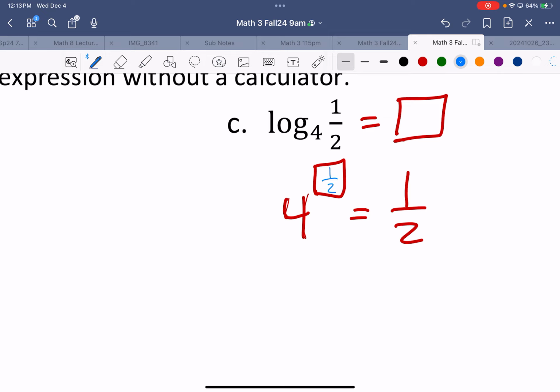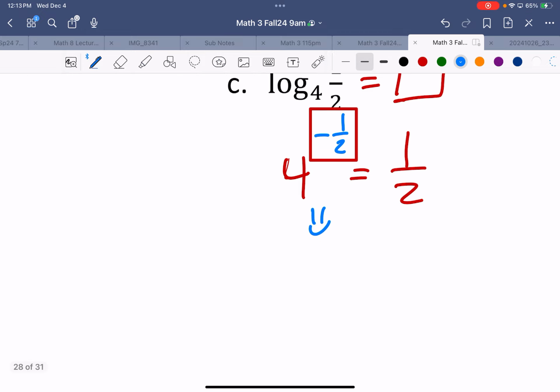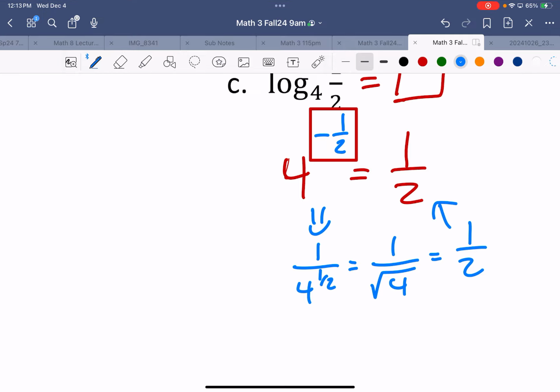But I need that 2 to be in the denominator. So that means I would need this to become a negative 1/2. Because I can rewrite that as 1 over 4 to the 1/2, which is 1 over square root of 4, which is 1 over 2, which is exactly what I'm looking for.